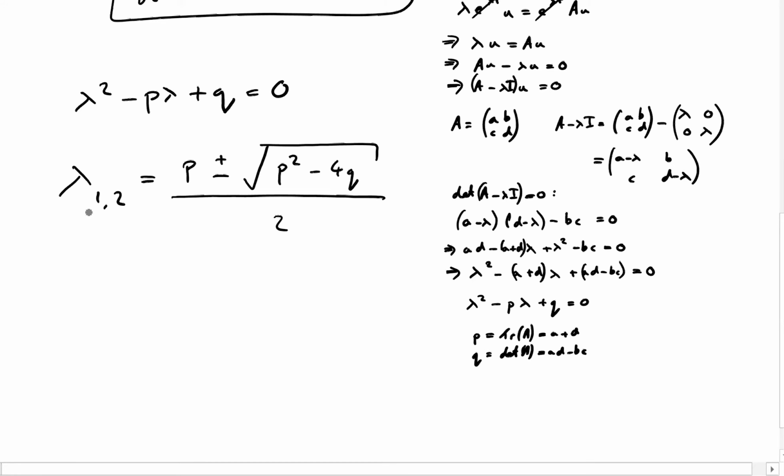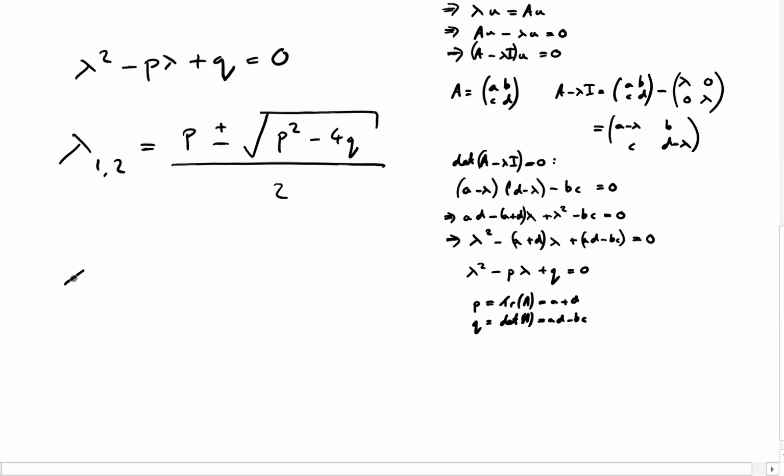If I do that, let's say that lambda 1 is not equal to lambda 2, then are you happy that the corresponding eigenvectors, u1 and u2, are going to be linearly independent? In other words, they're not going to be the same. We call that linear independence.